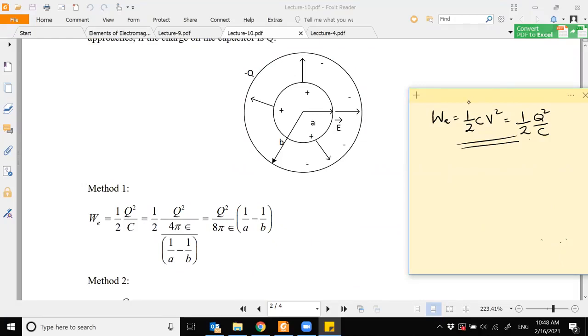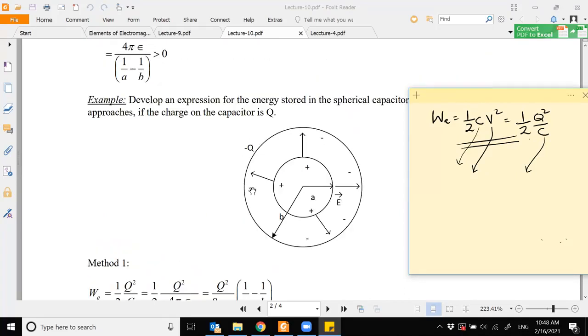So for a spherical capacitor, if you know V and the capacitance, substitute here, or if you know just the capacitance, substitute here. That's it.